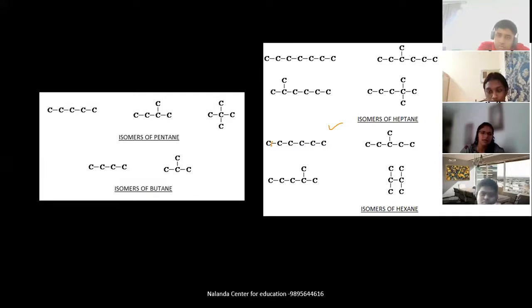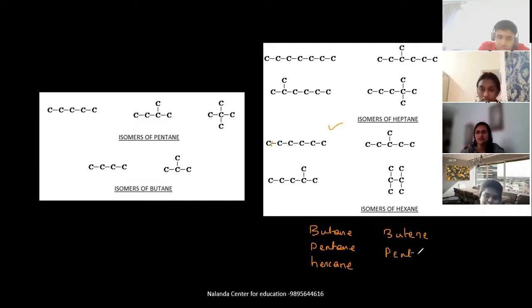Butene and pentene. These are the commonly asked questions. Heptane is generally not asked. So butane, pentane, hexane, butene and pentene. This should be fine.